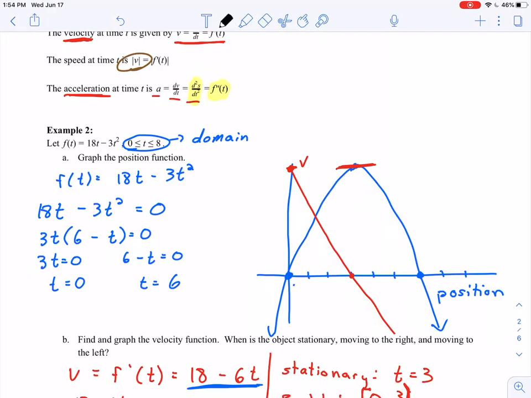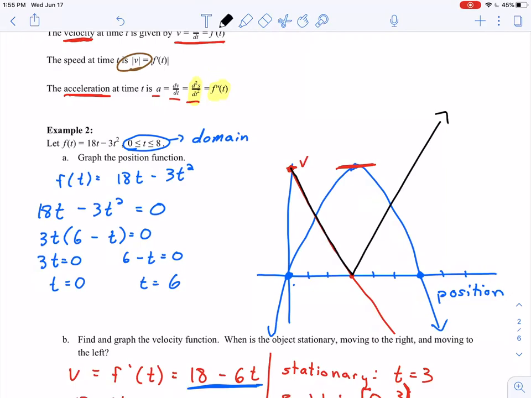Speed is the absolute value of velocity, so it means it can't be negative. So we're going to identify where the velocity is negative, which is this region right here. And what's going to happen is when we talk specifically about speed, it's going to be the same as velocity right here, but when it becomes negative, it's just going to bounce across the x-axis. It reflects across the x-axis for that particular section.